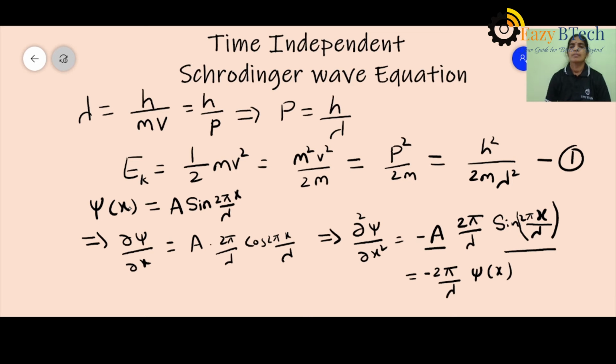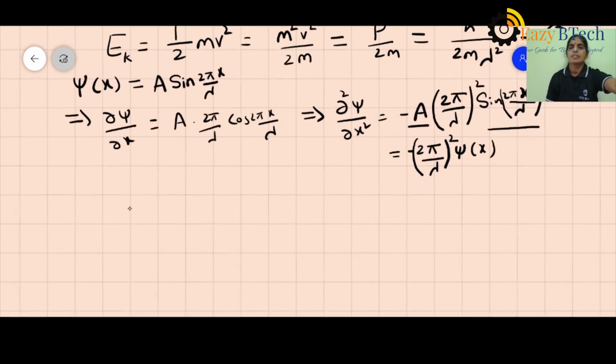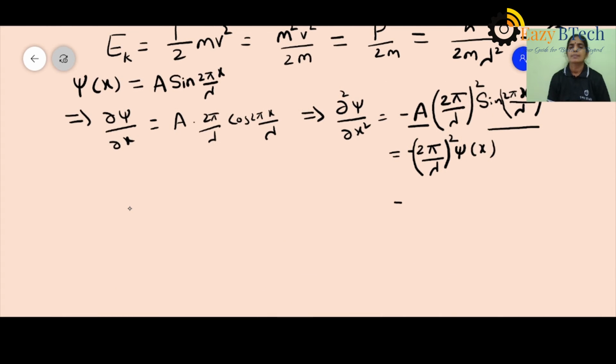Remember, this is with power 2, because the first derivative is cos, and when I go for the second derivative, sine. Once again I have 2 pi by lambda, which becomes 2 pi by lambda whole square. This can be written as minus 4 pi square by lambda square into psi of x.